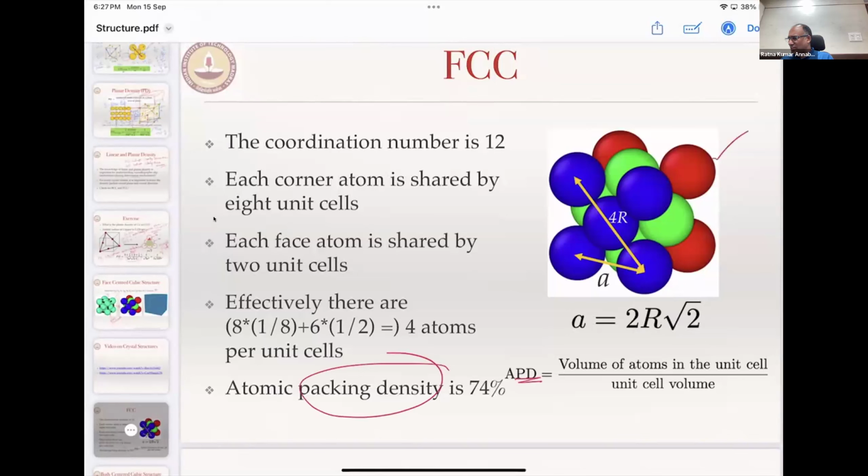If you take this FCC crystal, there are some atoms in a particular crystal lattice. You calculate the volume of atoms in the unit cell divided by the unit cell volume. What do I mean by that?